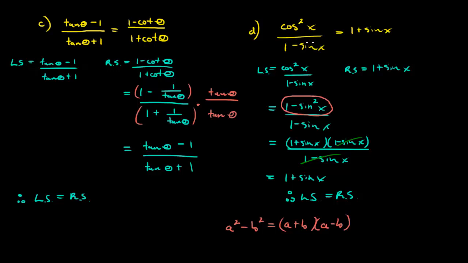Because obviously if sine of x were 1, then I would have division by 0, which is undefined. That would mean that the left side would be undefined, and the right side would be 2. So that obviously can't be true. That you'll deal with in the advanced functions course. Those are restrictions on the angle x.